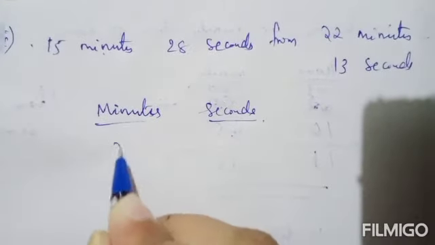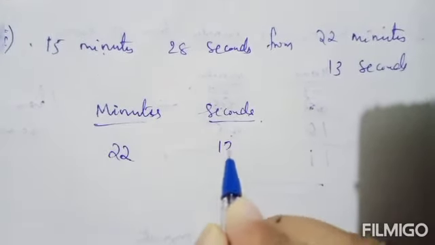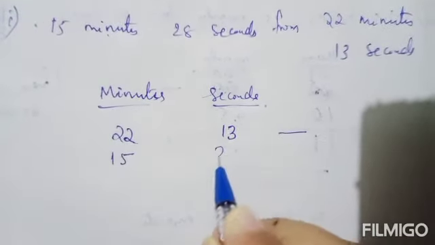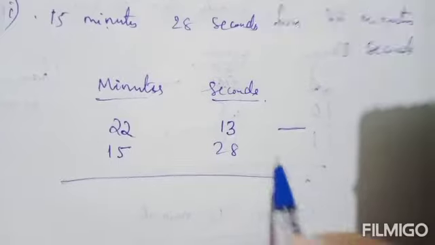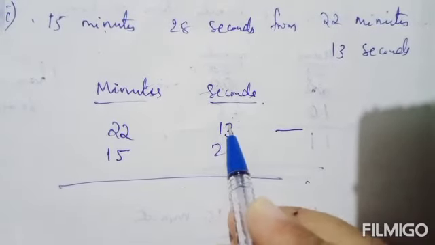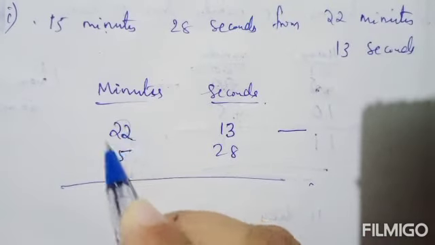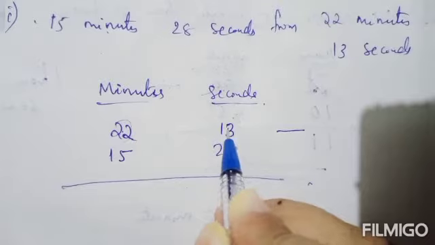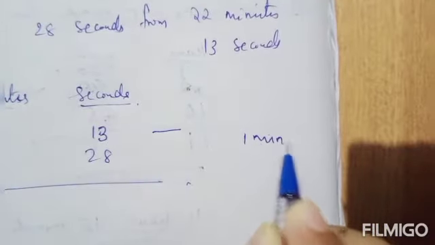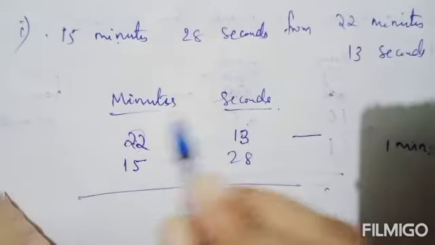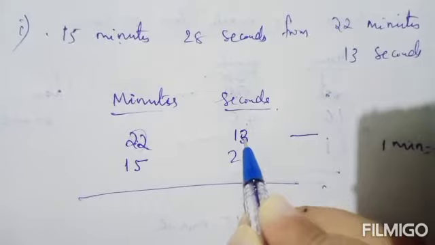Here also you can see one thing, the smaller quantity is coming above. So what to do? From 22 minutes you can take 1 minute to the seconds column. 1 minute equals 60 seconds, so you are taking 60 seconds to this column.